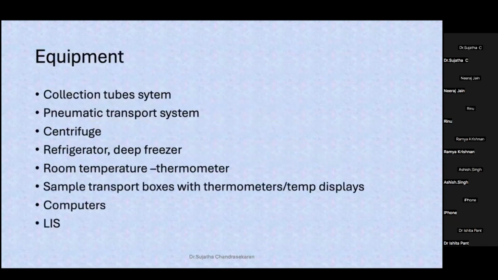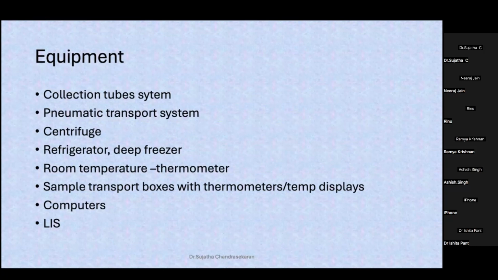The equipment that are used in a sample collection facility: number one is a collection tube system. That is the tube, its compatible needle, the safety device, and the connecting device of the needle to the tube. All are a single unit.